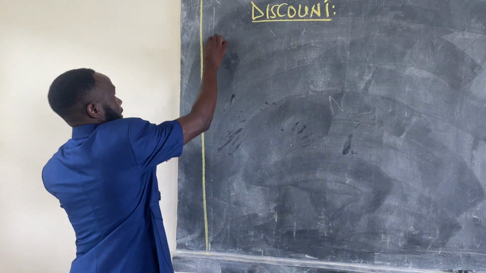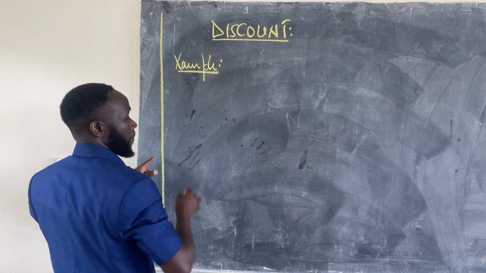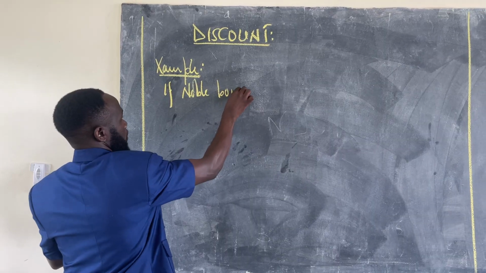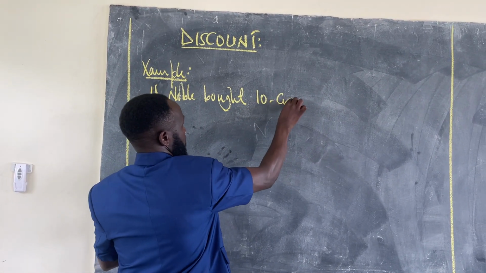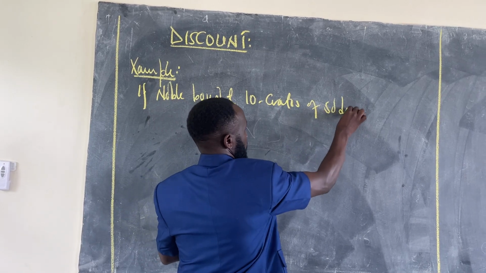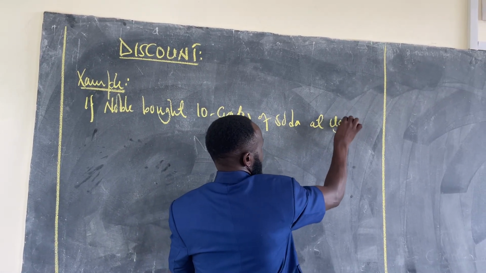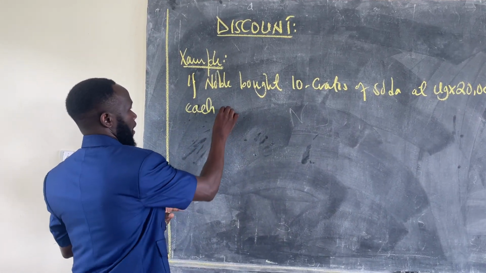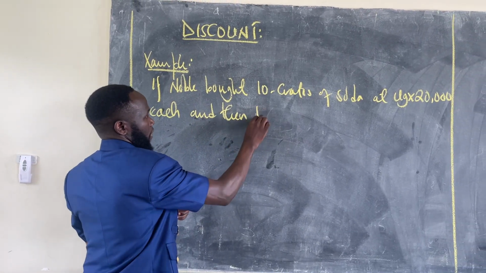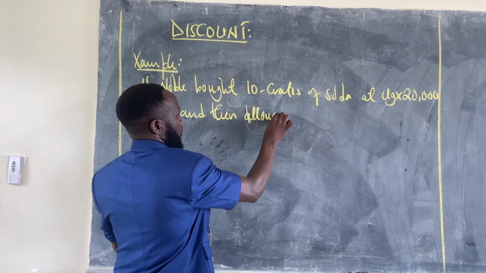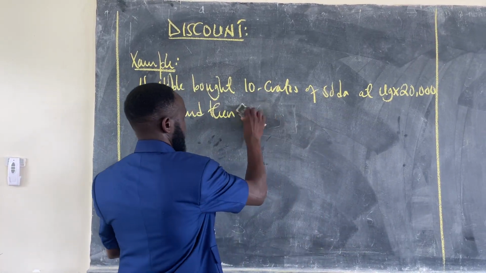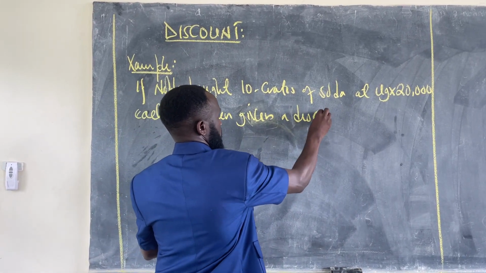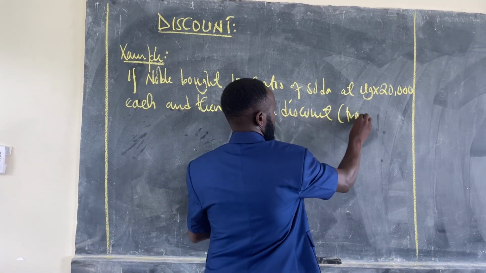Say, if Noble bought 10 crates of soda at Uganda shillings 20,000 each, and then was given a discount, in brackets, call it trade.